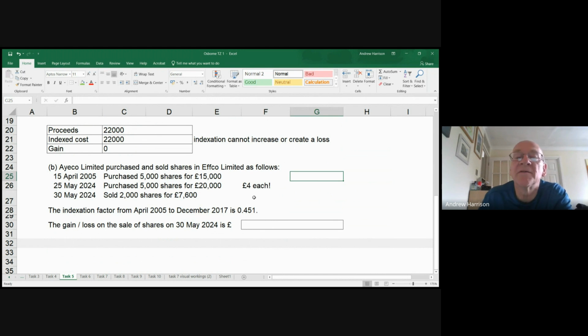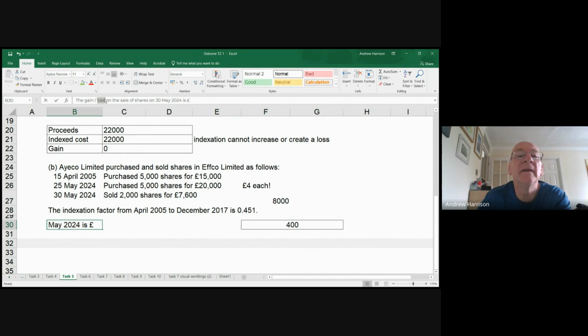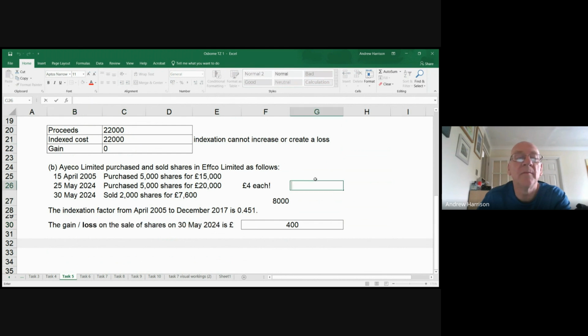So 2,000 shares would be £8,000. So actually they're going to lose £400. And then highlight, fill the appropriate item there. And that's got most of the issues that will come up.